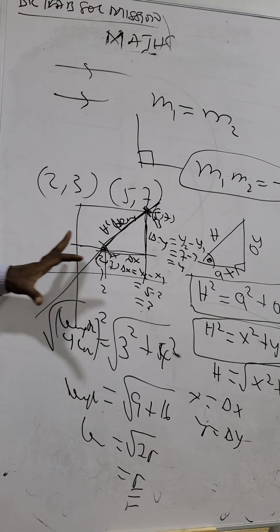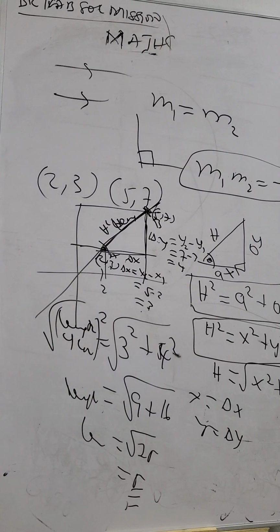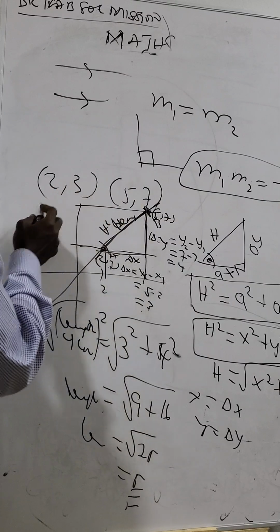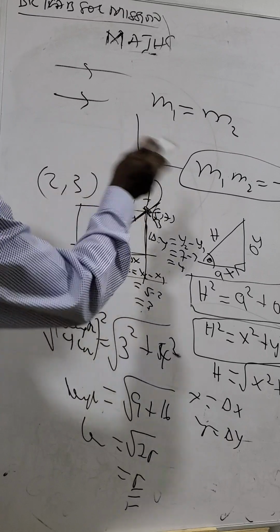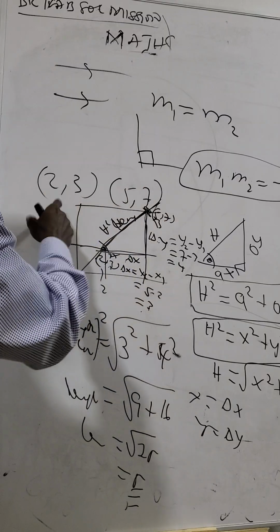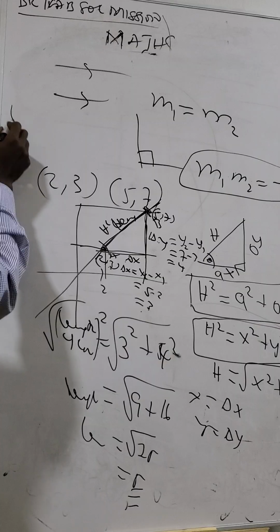So this is a typical example. Anytime you have 2 points given to you as a line and you want to find the length of that line, find the difference between the y's and square it, find the difference between the x's and square it, and then find the square root. So the length is equal to the square root of change in y squared plus change in x squared. That's it. This is the general formula for the length of a line.